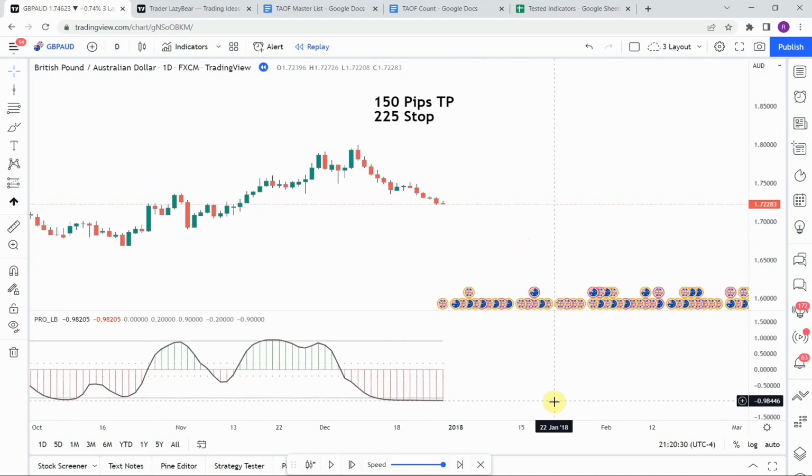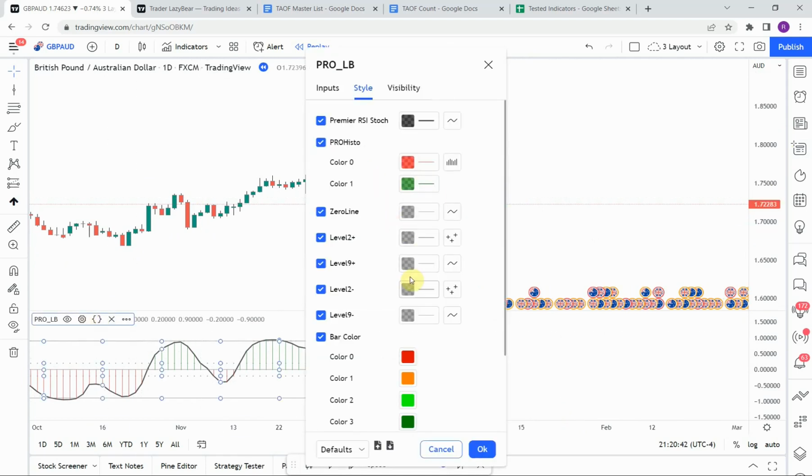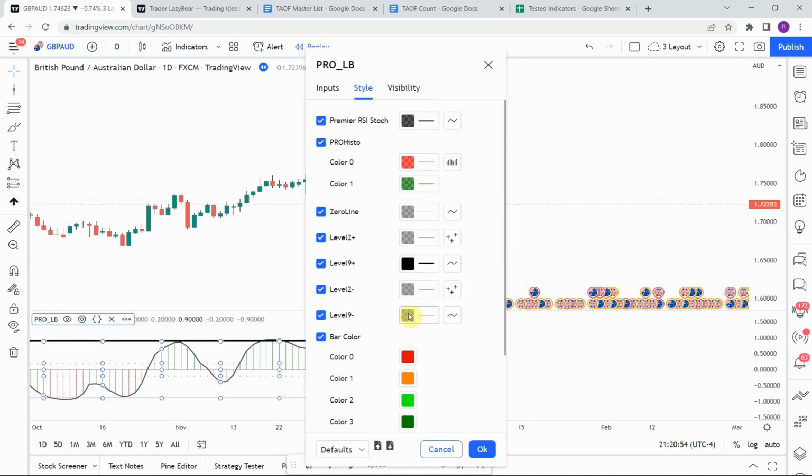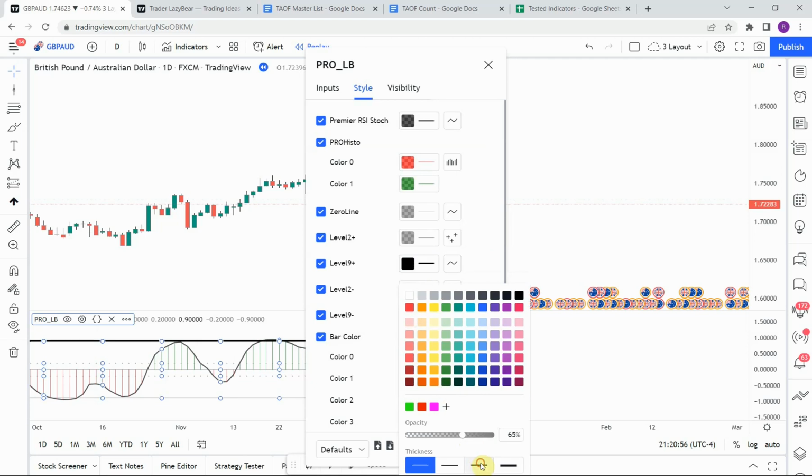And so as an oscillator, what we're looking for is the overbought and oversold areas. So anything above the upper gray line here, let's see if we can make it stand out just a tad bit more.